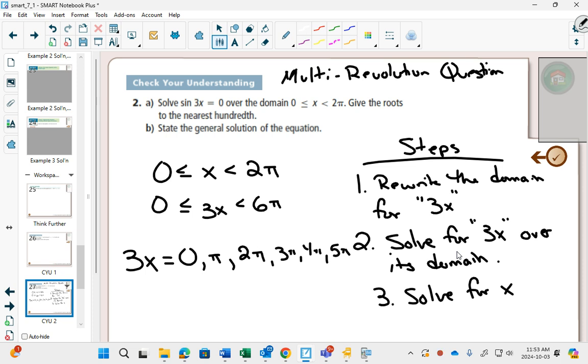And then the question didn't ask us to solve for 3x, we wanted to solve for x, but if 3x equals each of these, can you see that you can find x by taking each of them and dividing by 3?